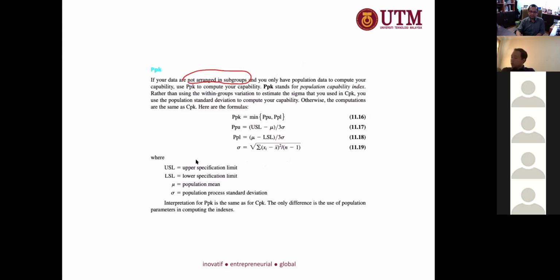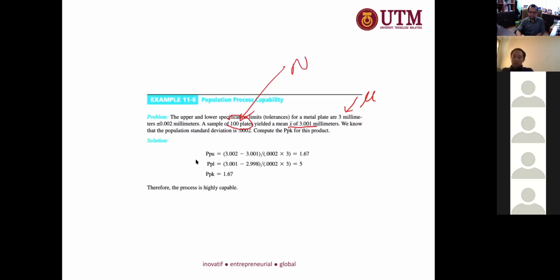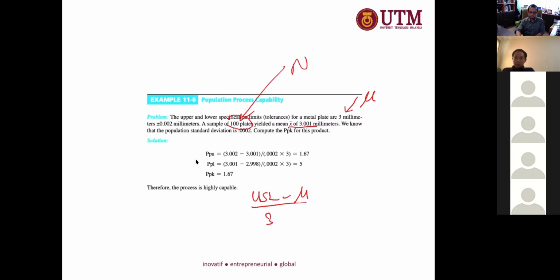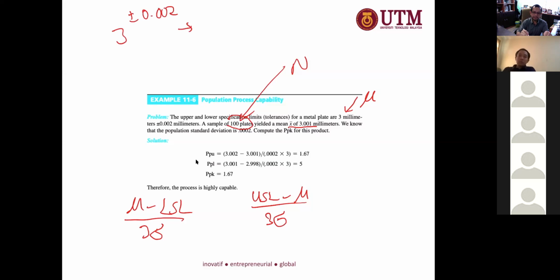So remember the formula, upper limit and lower limit. Same goes to the upper limit, because we have this tolerance. So that tells us the upper limit.